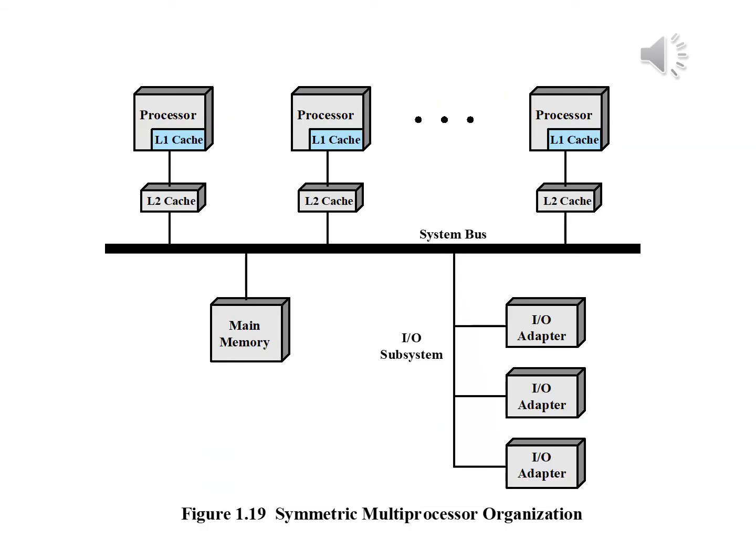The figure illustrates the general organization of an SMP. There are multiple processors, each of which contains its own control unit, arithmetic logic unit, and registers. Each processor has access to a shared main memory and the I/O devices through some form of interconnection mechanism. A shared bus is a common facility.